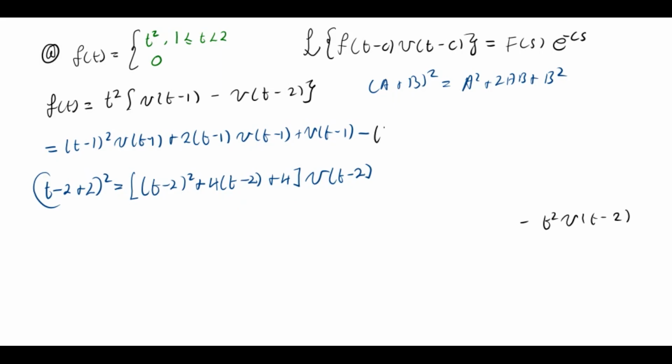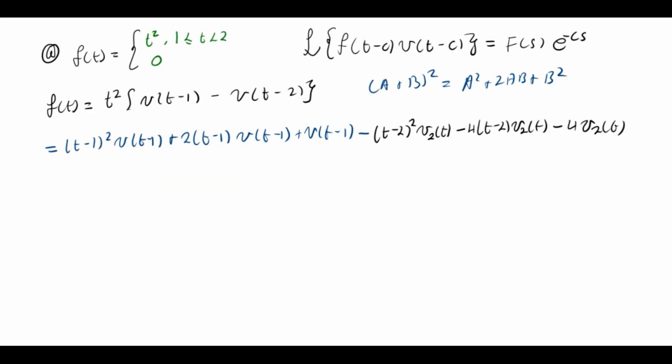So we can have t minus 2 squared u of t minus 2, allow me to indicate just as a 2 here so that I save some space, minus 4 times t minus 2 u of t minus 2, then minus 4 u of t minus 2, like that. So that's also the correct way of writing it.